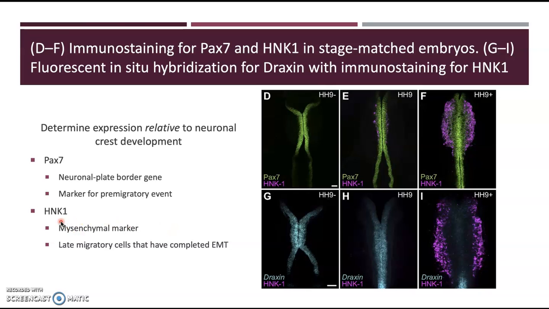And from the name alone, we can assume that it is expressed in the late stages or during this migratory cell stage where the cells have completed their epithelial to mesenchymal transition.